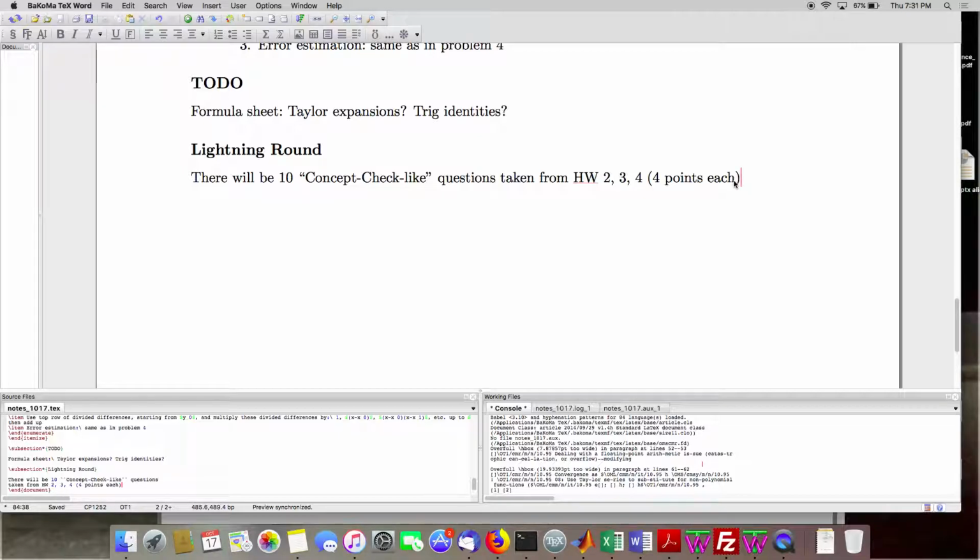By the way, one thing I want to point out for the graduate students: what I'm supposed to do is, in some sense, make 560 harder than 460 because you're graduate students.